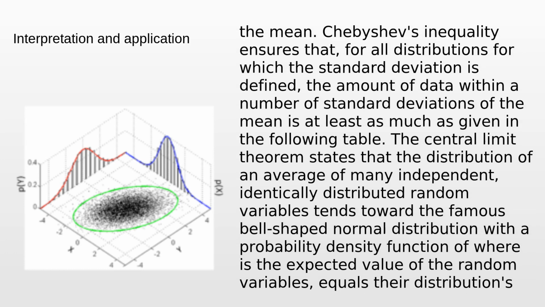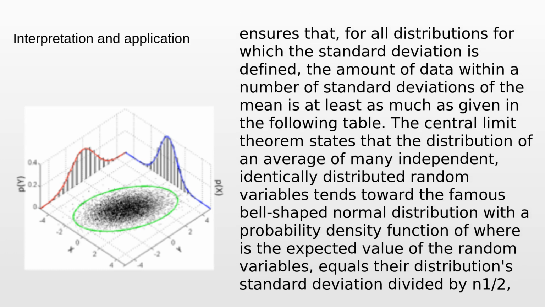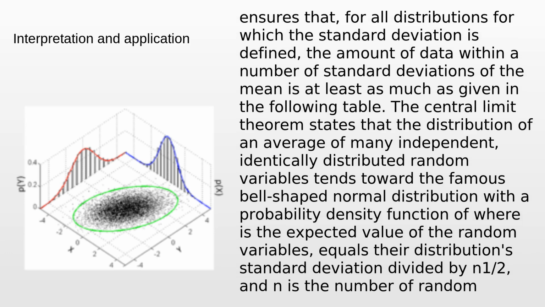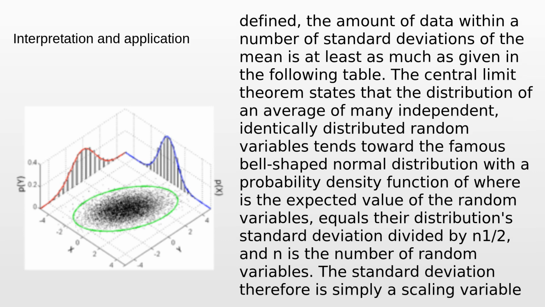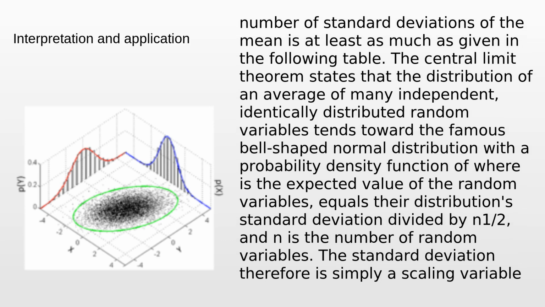Chebyshev's inequality ensures that, for all distributions for which the standard deviation is defined, the amount of data within a number of standard deviations of the mean is at least as much as given in the following table.